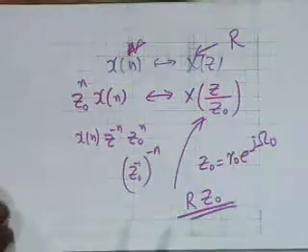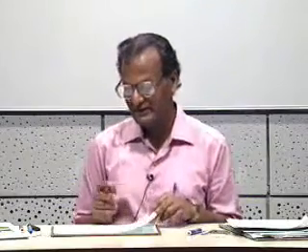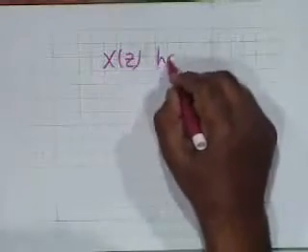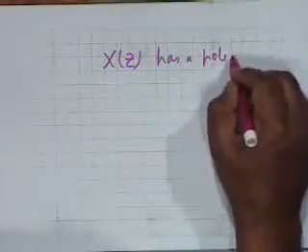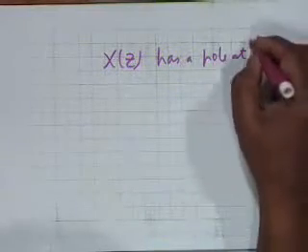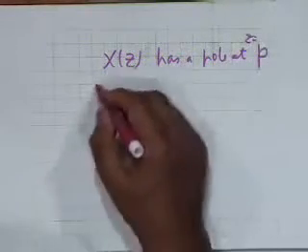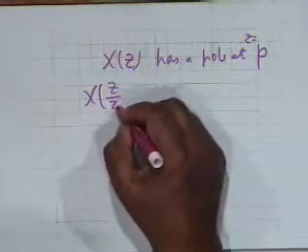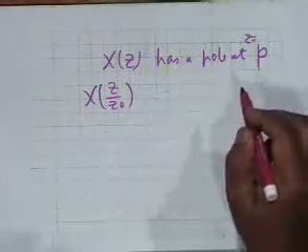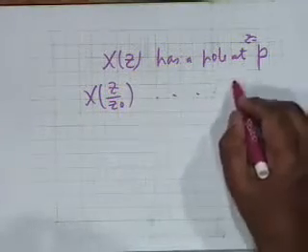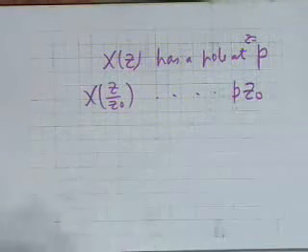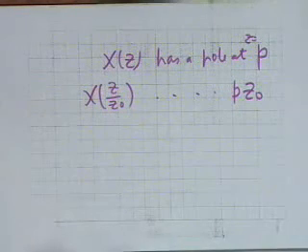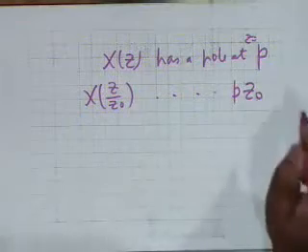Now, which means that if capital X of z has a pole at, let's say, z equal to p, then capital X of z by z naught has a pole at p times z naught. All right? What does this mean?